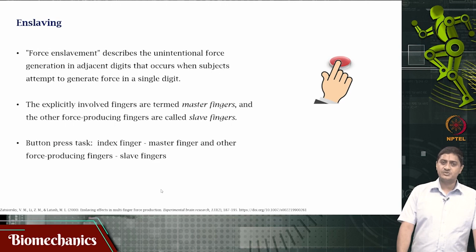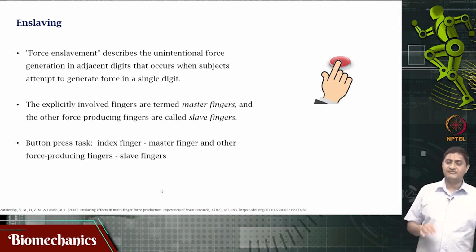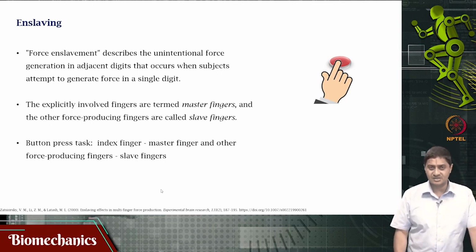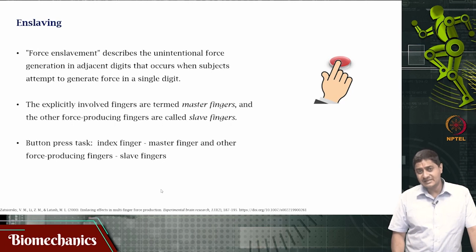The force produced by the index finger in a multi-finger task, if 3 or 4 fingers are producing a task and I am only measuring the force produced by the index finger, the force produced by the index finger alone is not just a reflection of the intended force that is meant for the index finger.